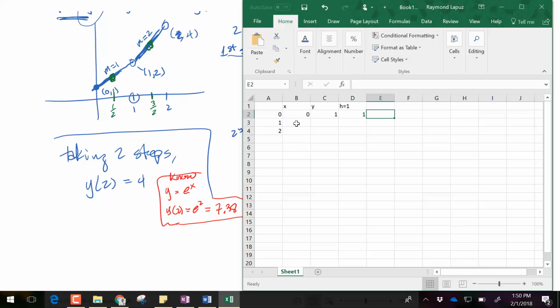To figure out our calculations, we need to add 1 to this thing, right? Plus 1. It's equal to the previous one plus 1. Copy.